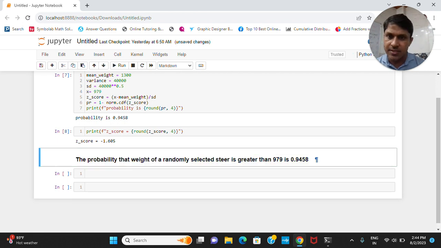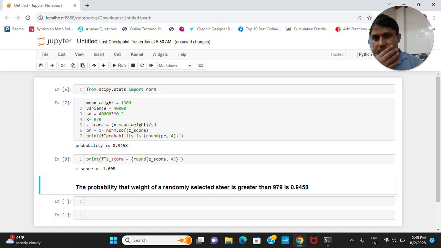This is our answer, and I have typed it here. Okay, so this question has been done in Python too.